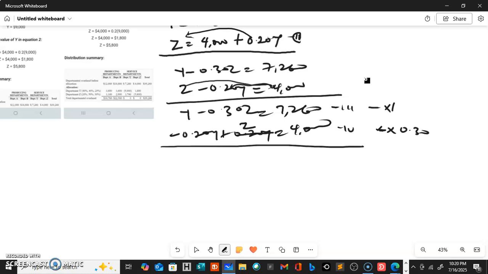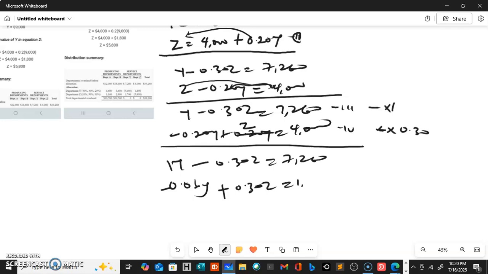So we now have 1 times Y equals 1Y minus 0.30Z equals 7,260. 0.30 times 0.20 will give us 0.06Y, so this is minus 0.06Y plus 0.30Z equals 0.30 times 4,000, which gives us 1,200. Let's introduce the plus sign.